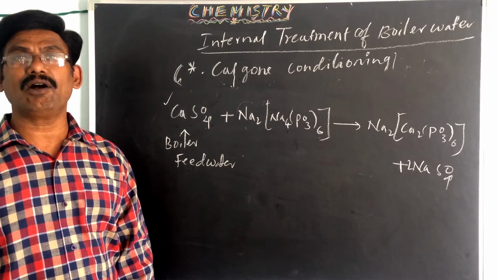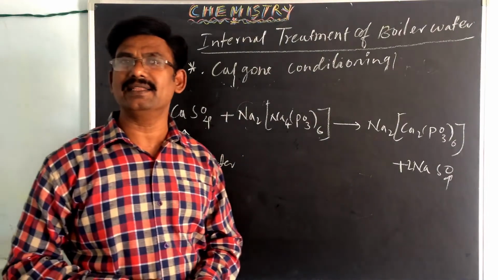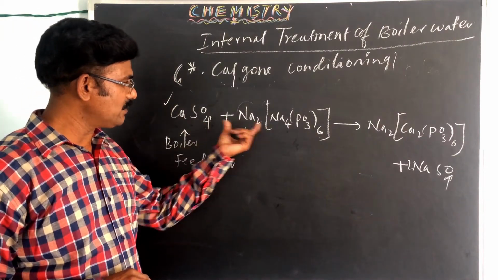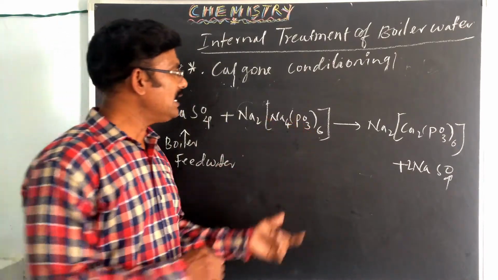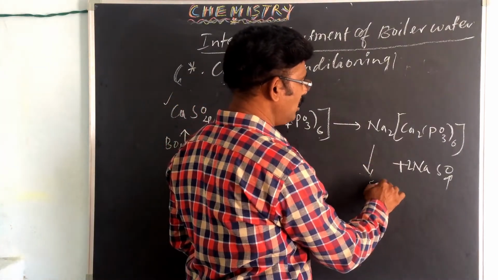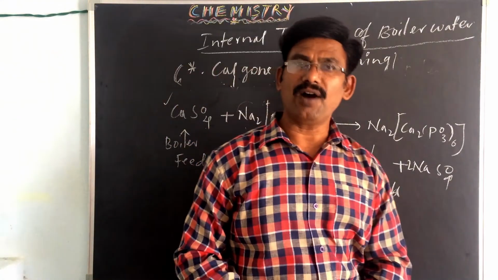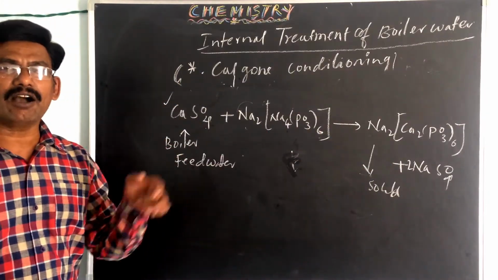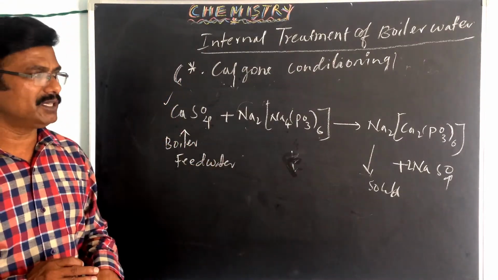So what happened in Calgon conditioning? The substance, when it reacts with the calcium ions, forms a highly soluble complex. This complex is soluble in water and there is no problem of sludge disposal.